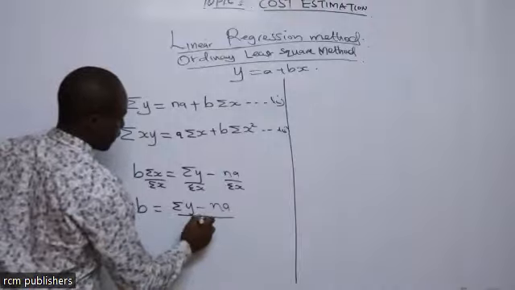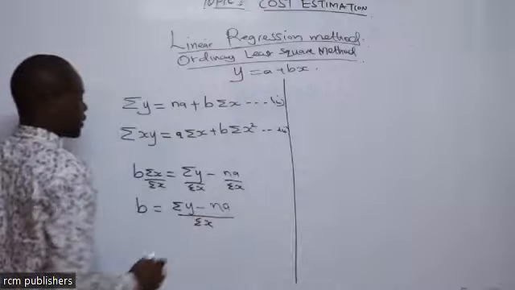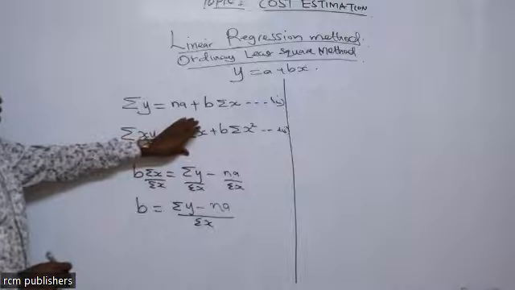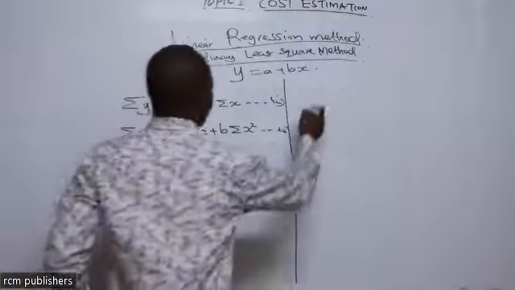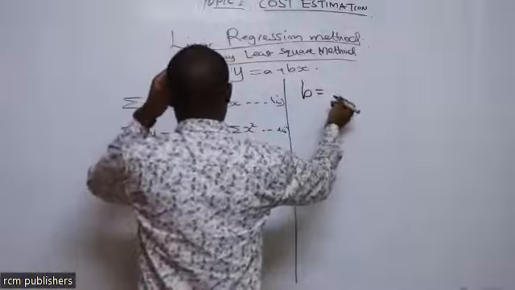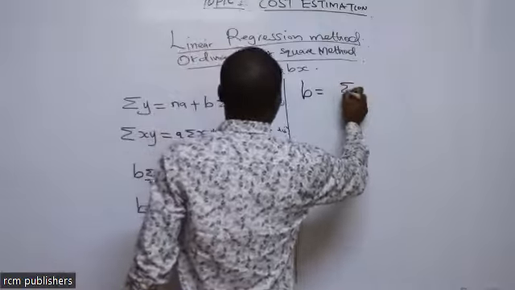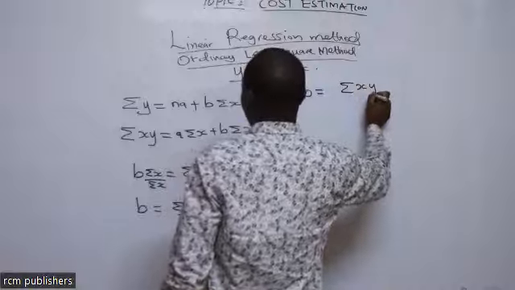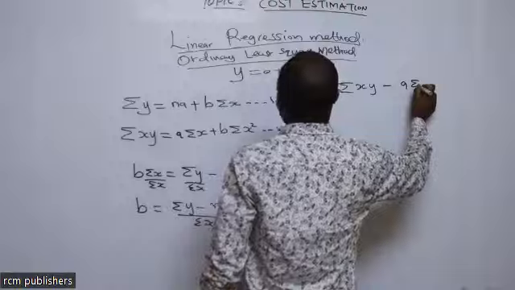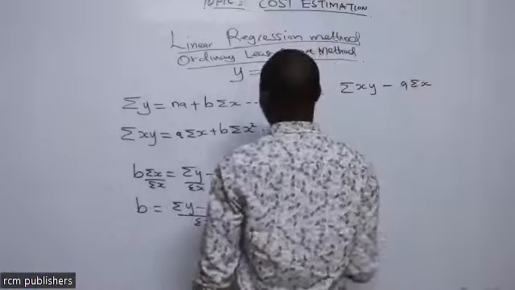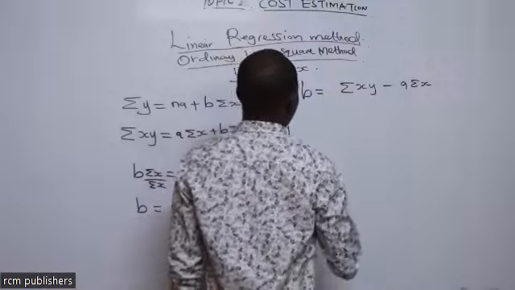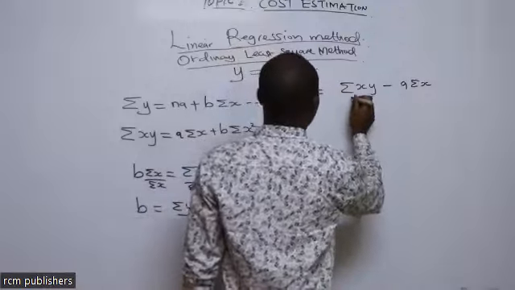Then we have summation of X. Then also make B the subject of the formula here: summation of XY minus A summation of X, then we divide by summation of X squared.